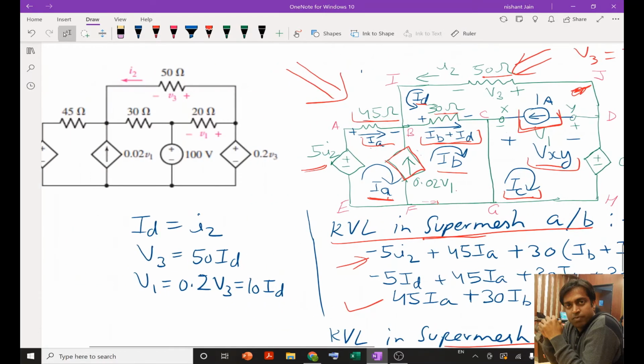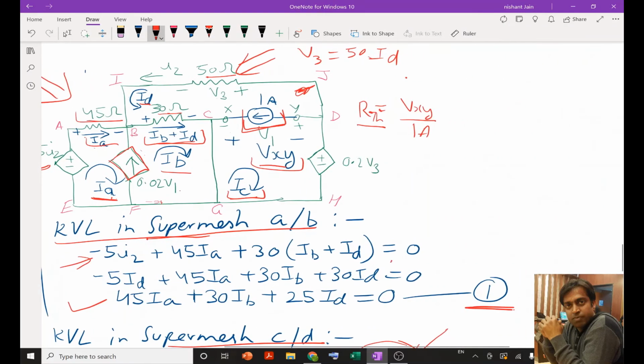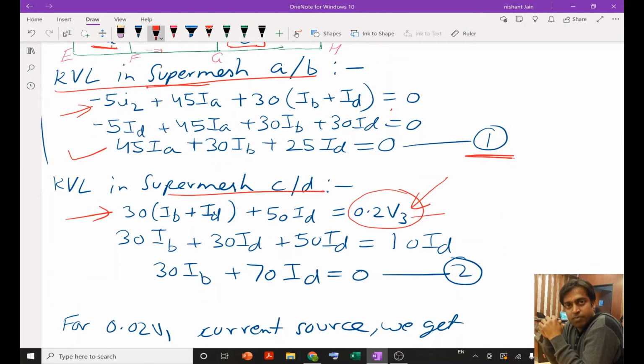So our V3 is 50 ID. So substituting the value of V3 over here, we get this equation, and solving this, finally we get this one, and this will become our second equation.